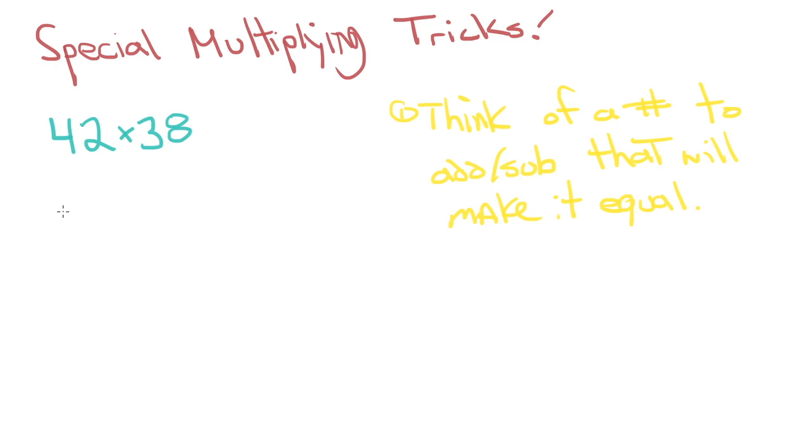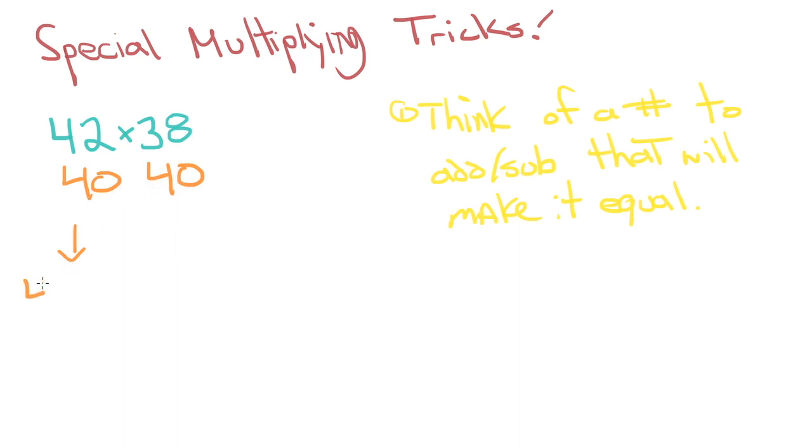Okay, so we want to take a look at what number could make these very similar. I'm hoping you're looking at something like, how about 40? How do we make these become 40? Because that would be neat. I don't want to change the value, but I want to change how we get there. So if I wanted to make this become 40 and this become 40, because that's going to be fun, right?